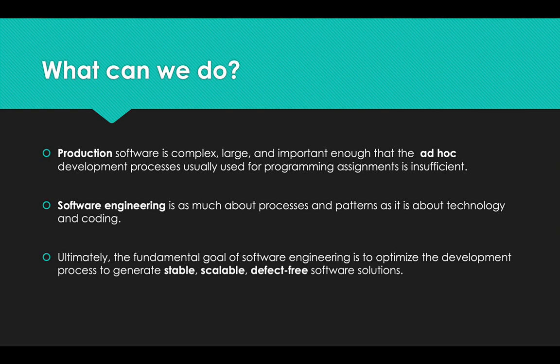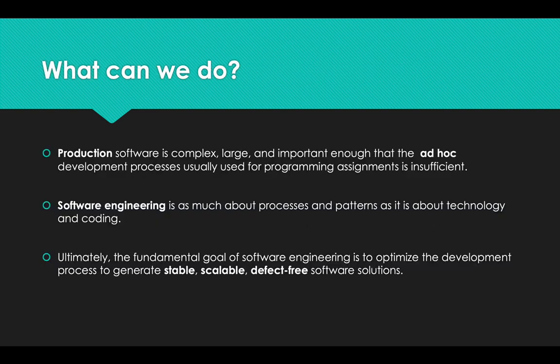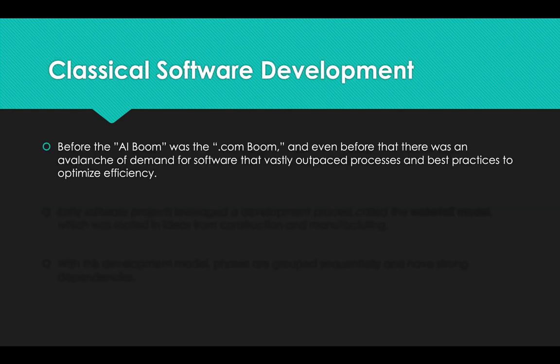It is going to work today, tomorrow, and the day after that. It's scalable. It's not going to suddenly fail when the 101st person signs on to the application. And it's defect-free. It does exactly what the client expects it to do in every use case the client cares about. But as we're going to see, all three of those things are not necessarily completely achievable all the time.